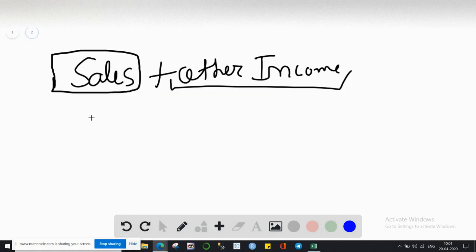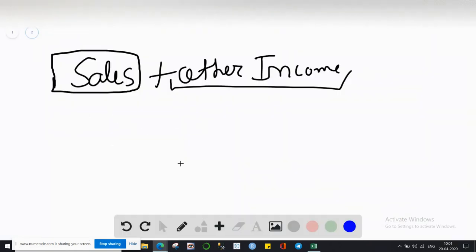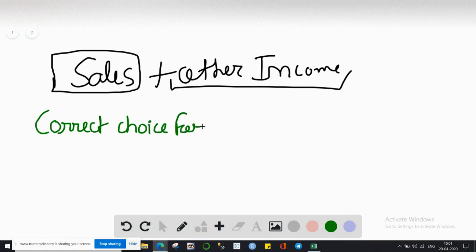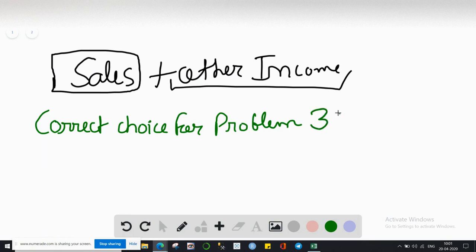Now, which of these transactions, as per the question, requires a credit entry to revenue? The correct choice for problem 38 is A.